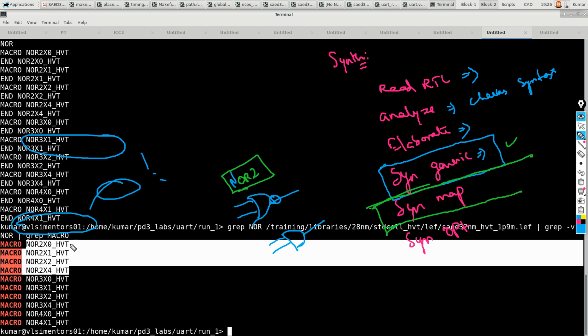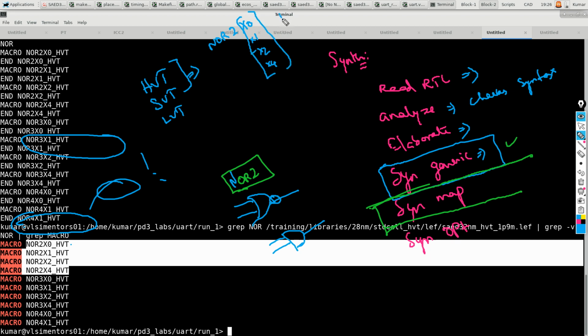Now see, it has got only HVT here, but we might read the HVT library, SVT library, and LVT library. Now looking at the two inputs, you will have both of these things together, say NOR2 x0, x1, x2, x4.